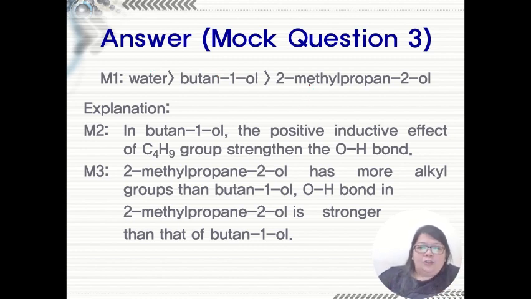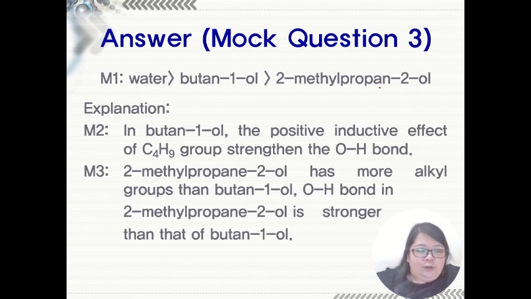And now, why is 2-methylpropan-2-ol even weaker than butan-1-ol? Because it has more alkyl groups than butan-1-ol, so the OH bond in 2-methylpropan-2-ol is stronger than that of butan-1-ol. So, 3 marks: first for the order, second for the explanation of why butan-1-ol is in the middle, and third for why 2-methylpropan-2-ol is the weakest one.